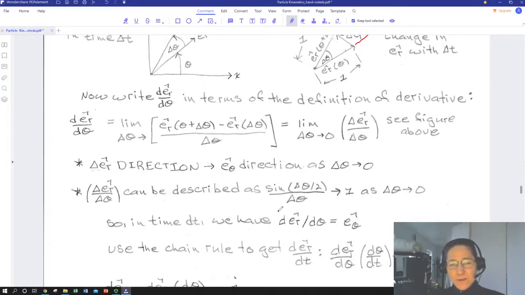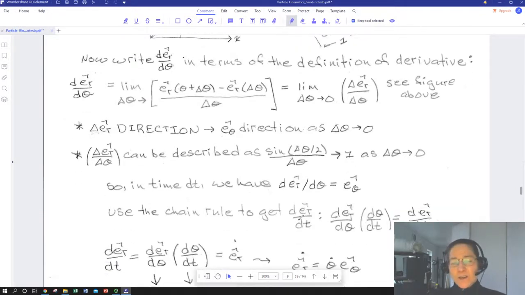What's the magnitude? Well, as we start shrinking that delta theta down to 0, this goes to 1. So we end up with the change in the r hat unit vector with a change in the angle, which is the change in time, because our angle is swinging around with time, is going to be 1 in the theta hat direction.